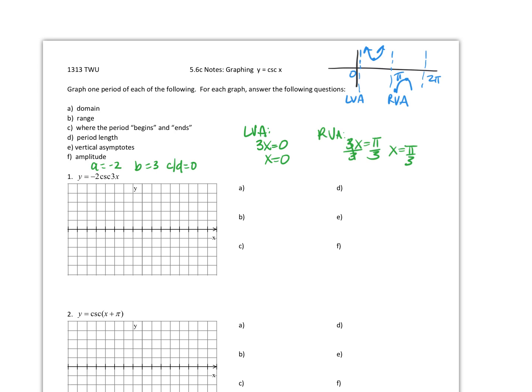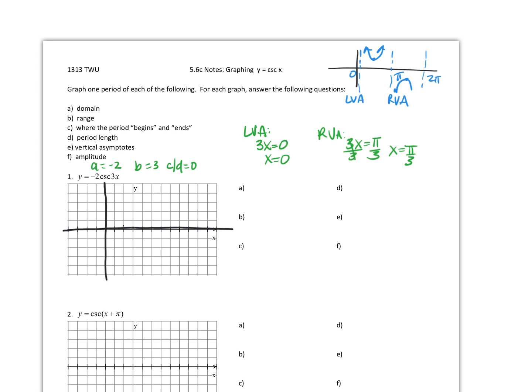All right, so I'm going to make my y-axis over here since everything's on the positive end. Now, what to keep in mind, our period is going to be pretty small because if we have an asymptote at 0 and an asymptote at pi over 3, that's not much distance between the two. So really, it's a period of 2 pi over 3.